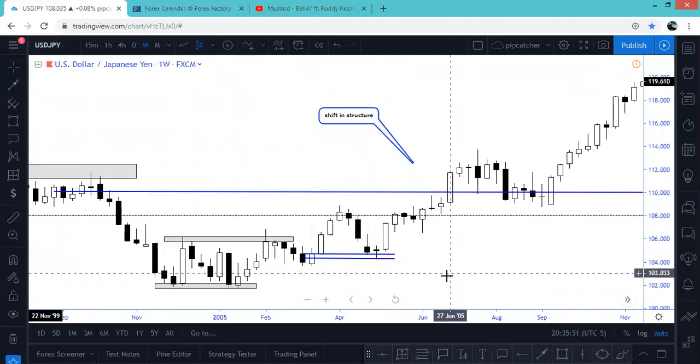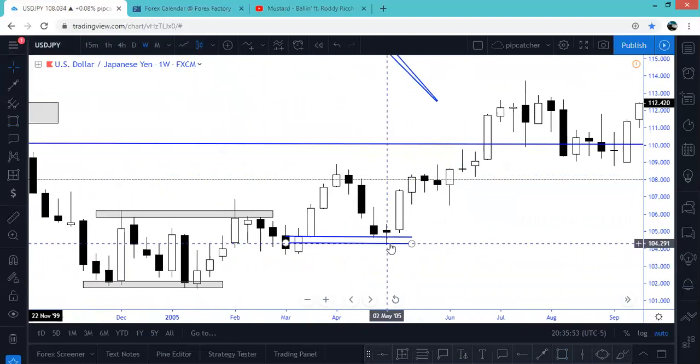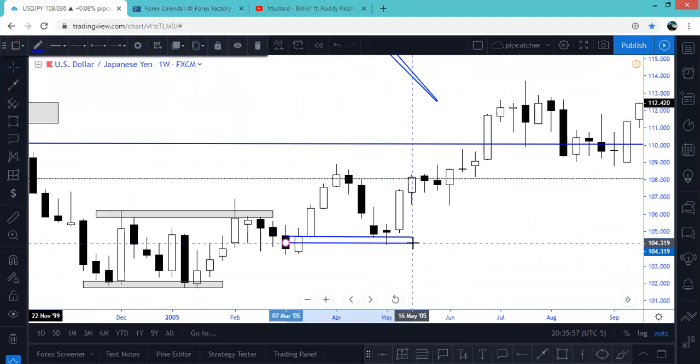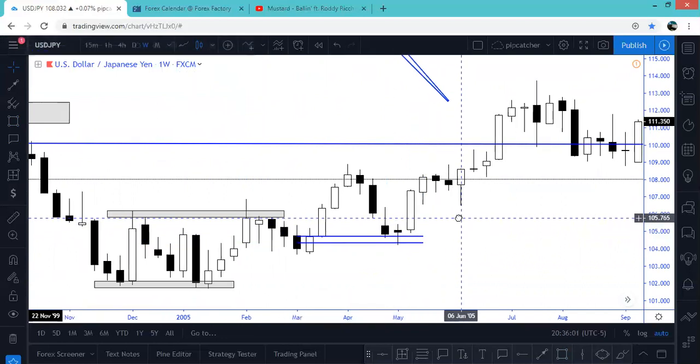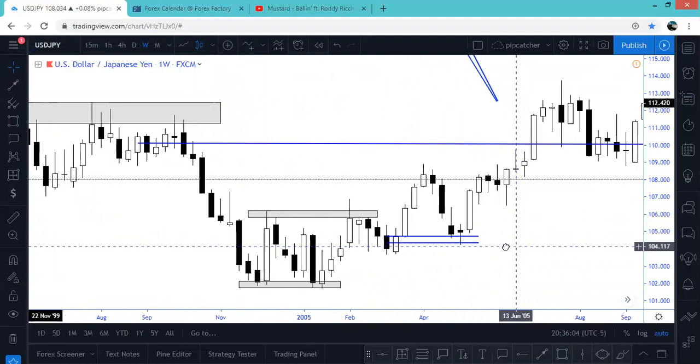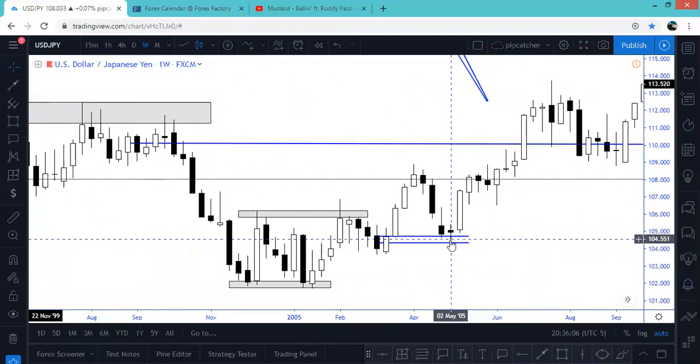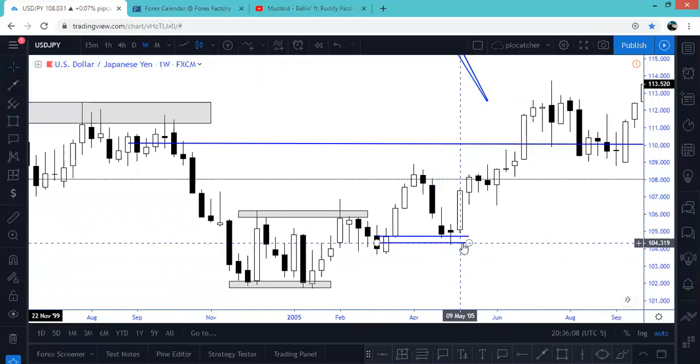This is weekly time frame, guys. You're getting entries like this on the weekly time frame. What does everybody say that doesn't know how to get wick entries? Oh, if you take trades on the weekly time frame, you're going to have to have such a wide stop loss.